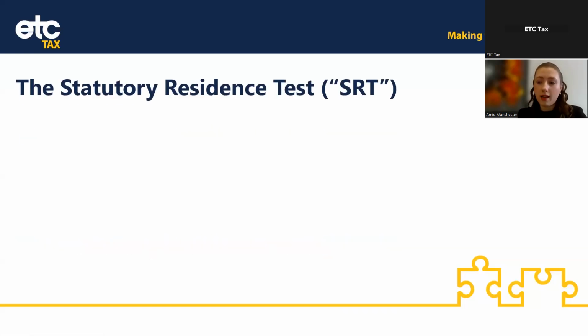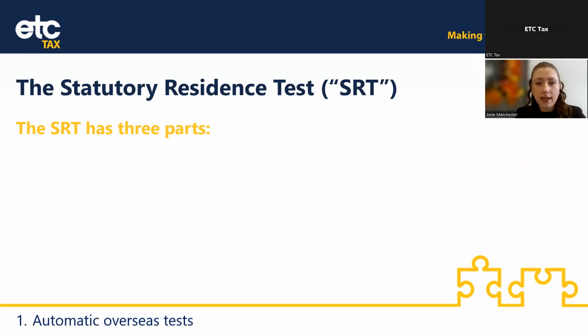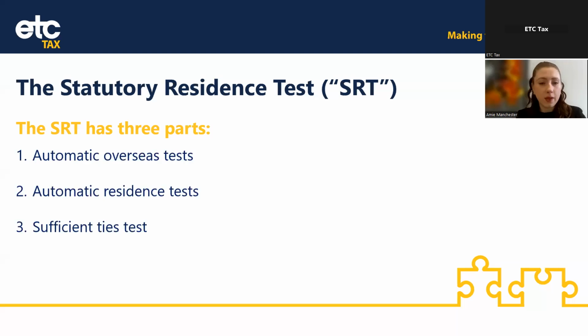So starting off, just looking at the statutory residence test in a bit more detail, also known as the SRT, which we'll be calling it today. The SRT has three parts: the automatic overseas tests, the automatic residence tests, and the sufficient ties tests.